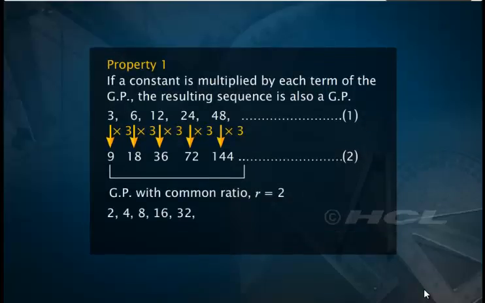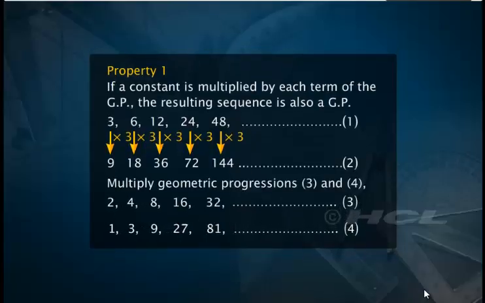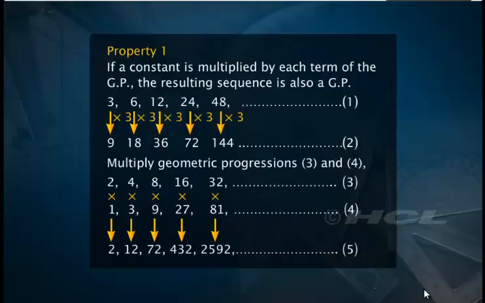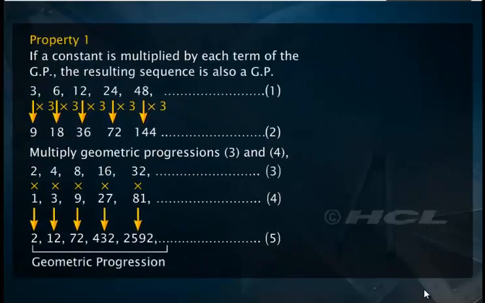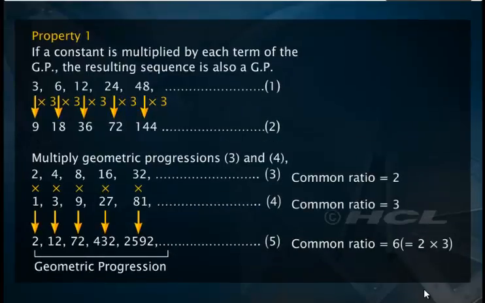Now consider two geometric progressions such that in the first GP, the common ratio is 2 and in the second GP, the common ratio is 3. Label these geometric progressions as 3 and 4. Multiply the two geometric progressions 3 and 4 to get the sequence 5 as shown. Note that the resulting sequence 5 is also a GP with the common ratio 6, which is the product of common ratios 2 and 3.